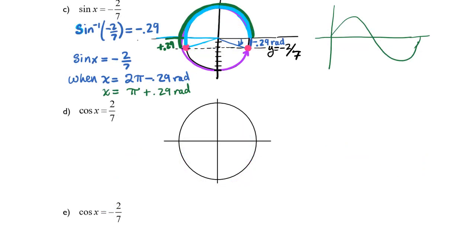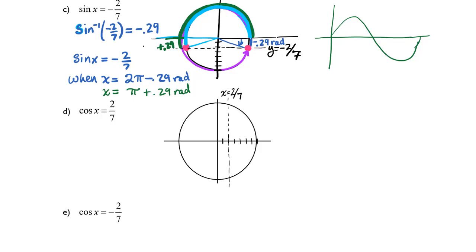Recall that cosine of x equals 2/7 means that we are looking for x values that are positive. So I'm going to break this unit circle in the x direction up into sevenths. That's approximately sevenths, and I'm looking at 2/7, so that will be right about here. X equals 2/7.